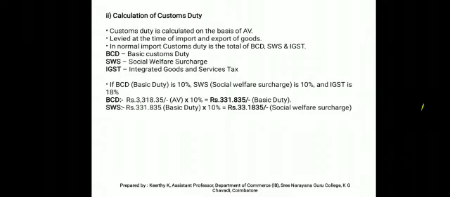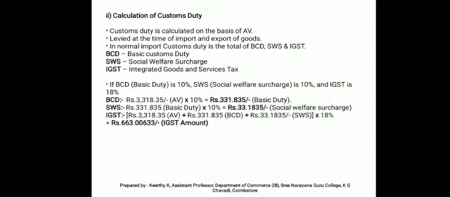The integrated GST is calculated on the basis of assessable value plus basic customs duty plus social welfare charges. Adding these three and finding 18% of the same, we get 663.00633 as integrated GST amount.